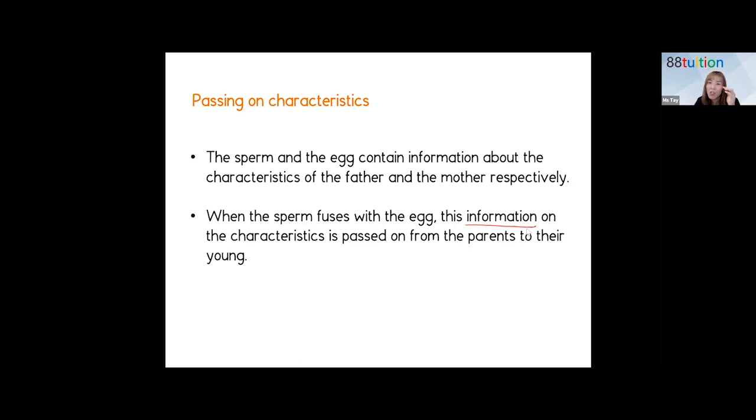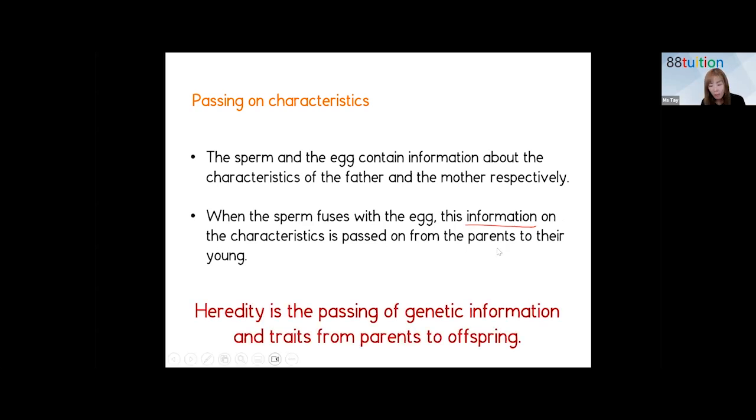Okay, so it's the information that our parents pass down to us, the genes pass to their young. So I hear from Jerome, I hear from Zenda, then I also hear from Grace. Grace says something to do with characteristics. Very good. So take note, what is heredity? You need to know this is the passing of genetic information and traits from parents to offspring.